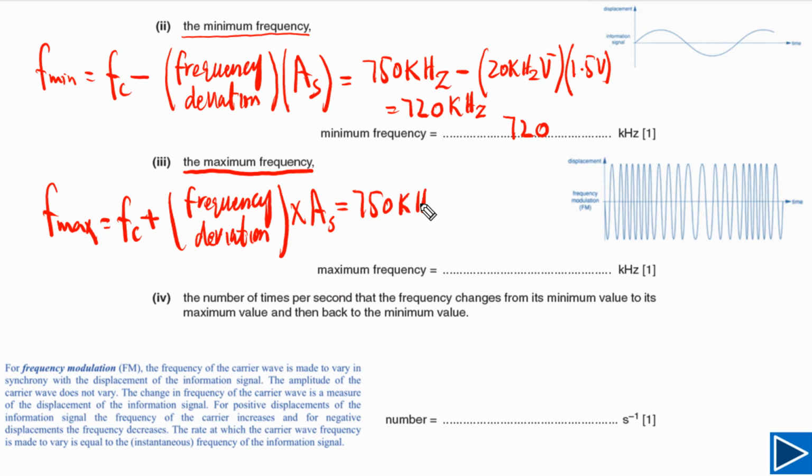This is 750 kilohertz plus the frequency deviation, 20 kilohertz per volt, multiplied by the amplitude of the signal, which is 1.5 volts. In this case our final answer will be 780 kilohertz.